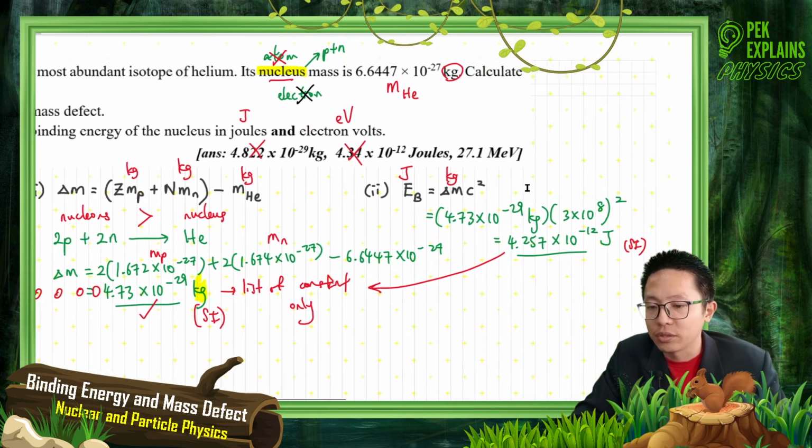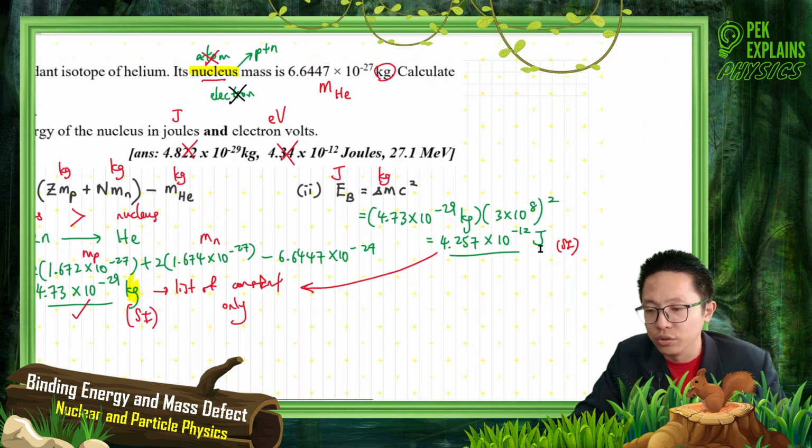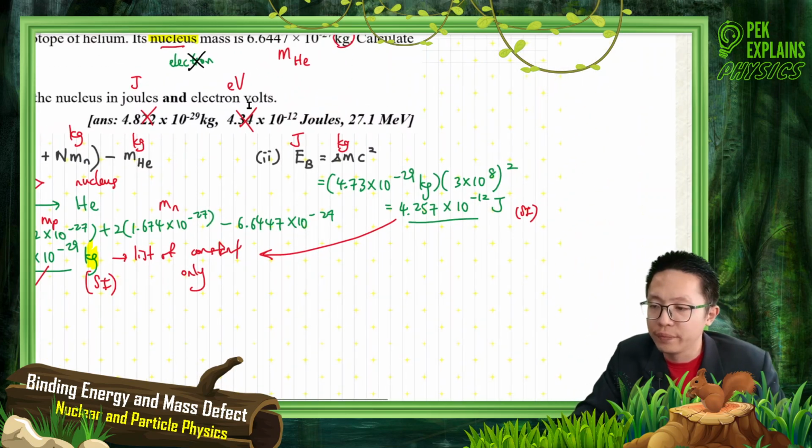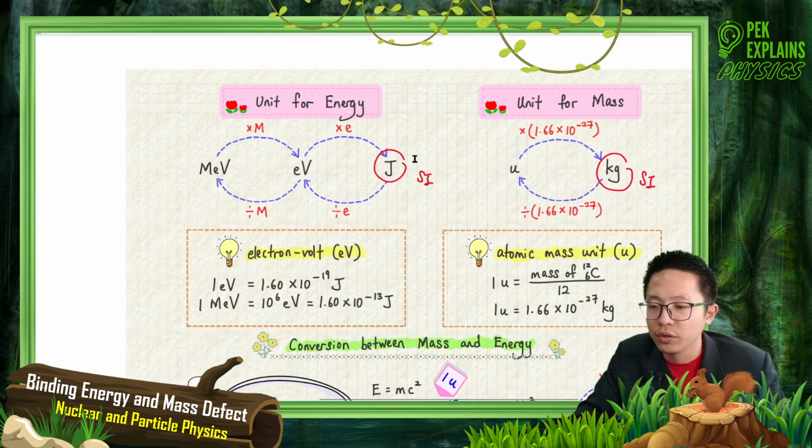So we already have the answer in joules. How about the mega electron volt? We want the electron volt, not mega electron volt. So how to convert from joule to electron volt?